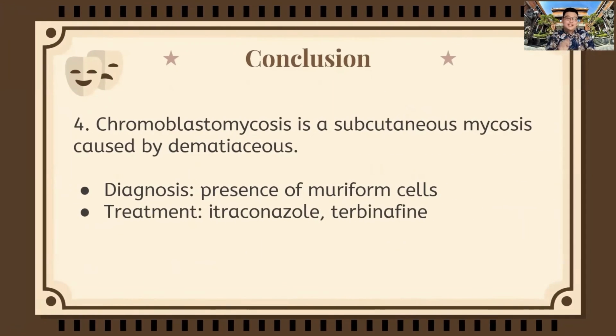And the last conclusion: chromoblastomycosis, or CBM, is a fungal infection of the skin and subcutaneous tissues caused by traumatic injury and inoculation of microorganisms belonging to certain groups of dematiaceous fungi. CBM can be easily identified by the presence of muriform cells and is commonly treated with itraconazole and terbinafine.